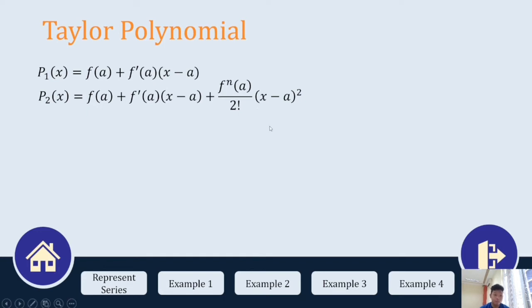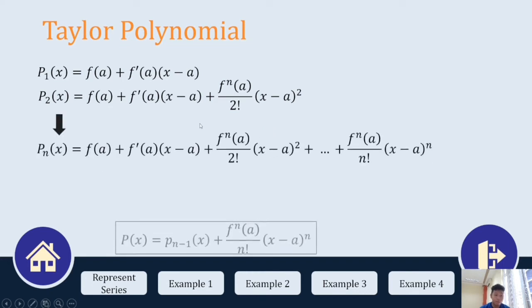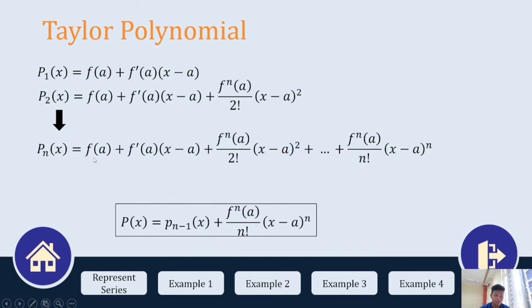If we keep increasing the order until n, we get P of x equal to f of a plus f prime of a times (x minus a) plus f double prime of a over 2 factorial times (x minus a) to the power of 2, plus and so on until f^(n)(a) over n factorial times (x minus a) to the power of n.